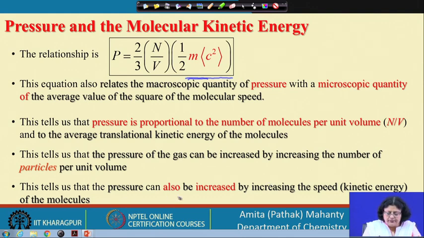This also tells us that pressure can be increased by increasing the molecular speed or the kinetic energy of the molecule. What does that mean? That means, if I increase the speed of the molecule, the number of strikes with the wall also increases. So, the number of collisions with the wall increases, and that also increases the pressure of the gas.